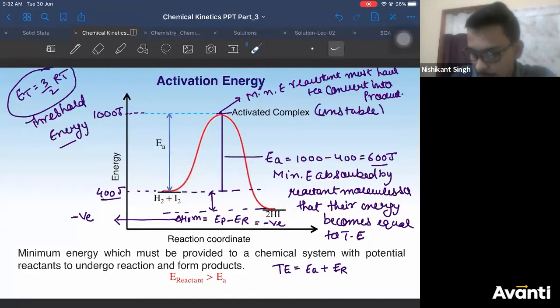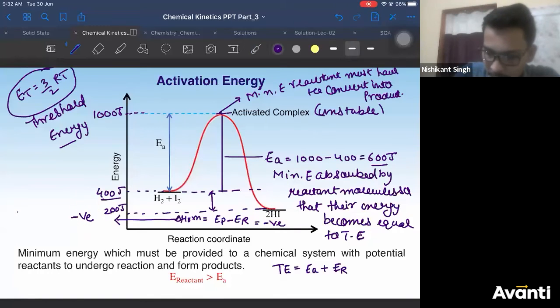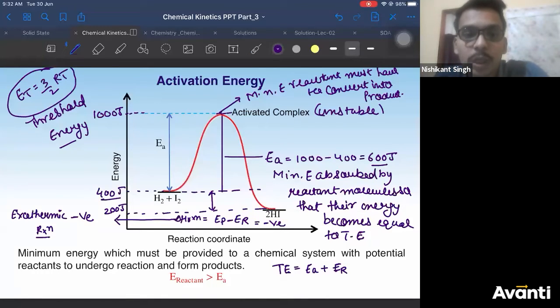Let's say product energy is 200 joule. So delta H will be 200 joule minus 400 joule, minus 200 joule. So delta H is negative. That means it's a graph of an exothermic reaction.